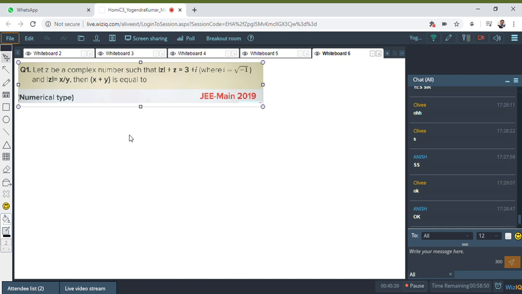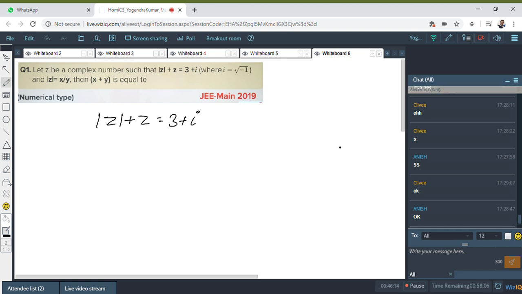Yes, how do you start, Anish? I want to know from you. Now you need to answer. How will we start? Any idea? Anish, tell me some idea, how will you start this question? I think you might have done this kind of questions. They have given the equation: mod of z plus z is equal to 3 plus iota.